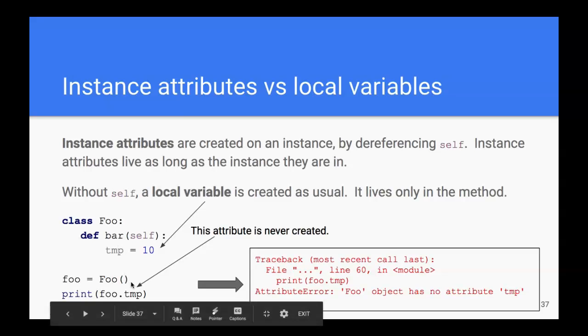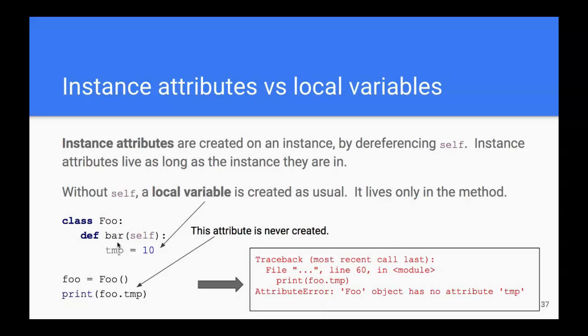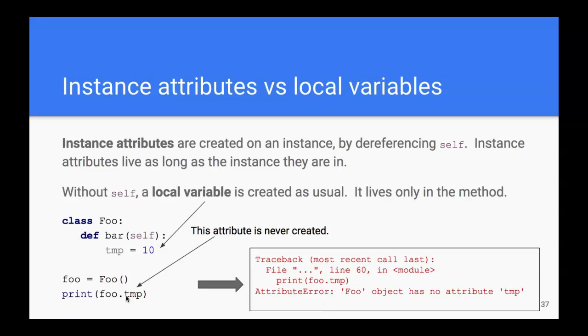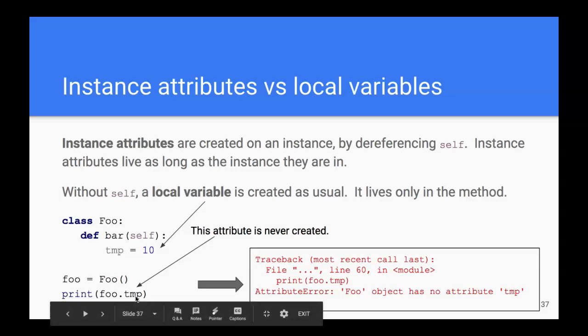Actually, I kind of missed something here. Even if you call bar and that local variable is created inside bar, once you're done with bar, that local variable is gone. So you can no longer refer to the local variable no matter what you do. And you definitely cannot find that local variable as an attribute of the instance of foo.